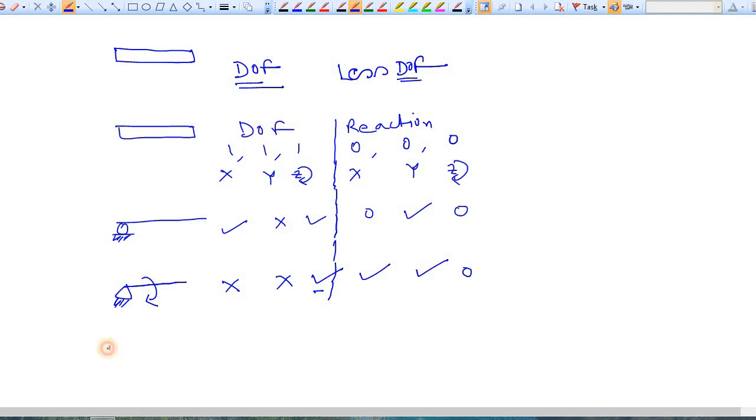Now what about fixed support? Movement towards x is allowed, no, towards y, no, rotation, no. So there will be three reactions: towards x, towards y, and a moment reaction.